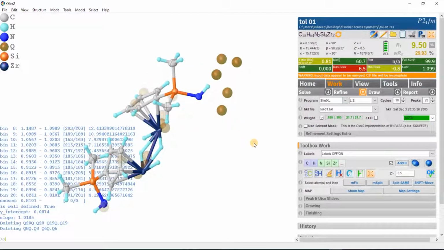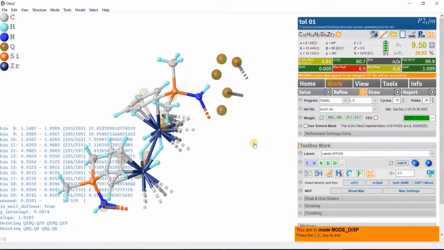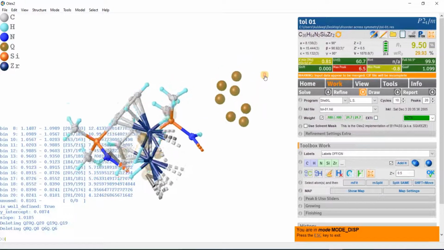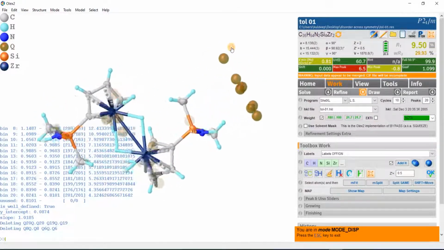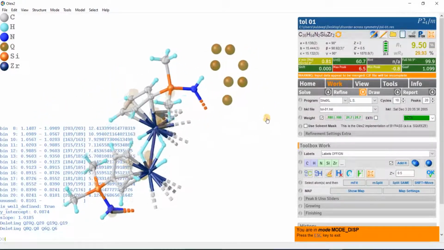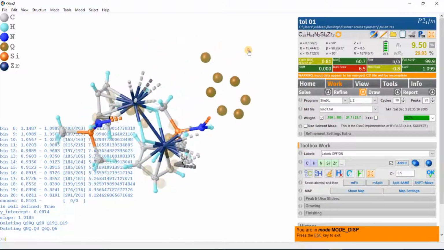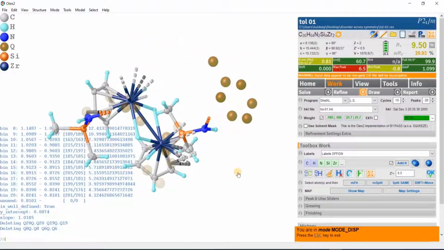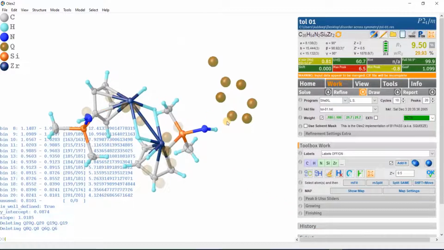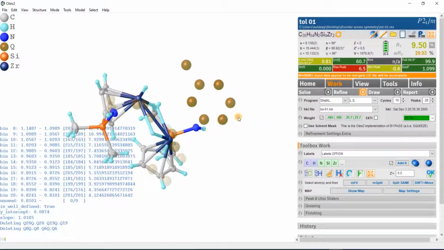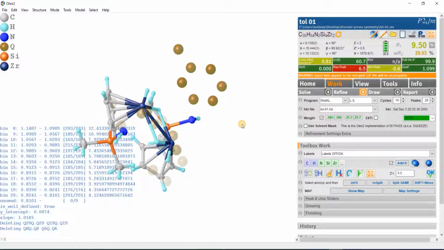If I grow the structure by pressing Ctrl G, I get such electron density, which seems to be a toluene molecule in the lattice. Here I am going to model this toluene by using the fragment DB.